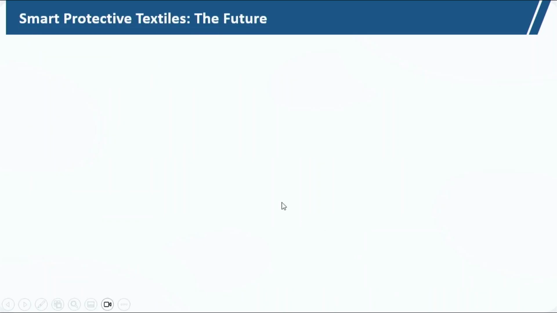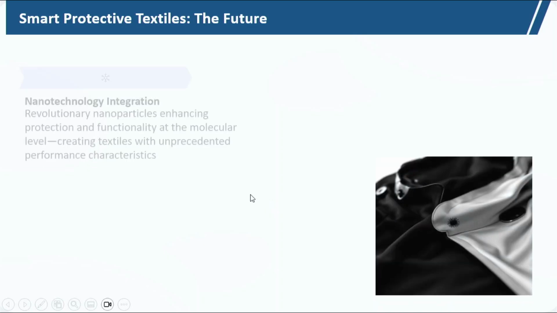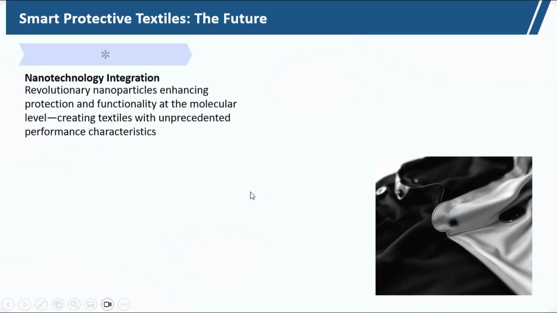What is the future of smart protective textiles? You can see there are different areas where research is going on, and in future protective textiles we can use nanotechnology integration, so that nanoparticles enhance the protection and functionality.